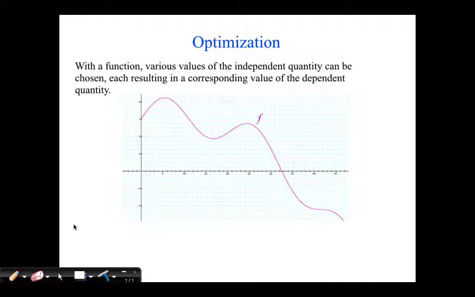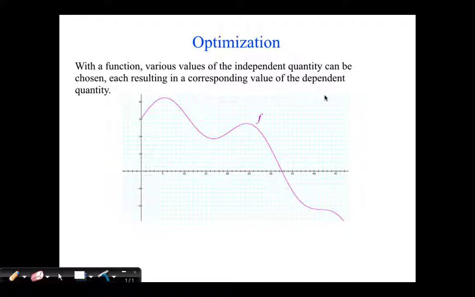But if you have a restricted domain, then often there is an overall highest value and a lowest value, as long as your function is continuous throughout that, meaning it takes on all values. There are no vertical asymptotes or whatever in the middle. You will have, on a restricted domain, some point that's the highest, or at least maybe some points that tie for highest, and some point or points that tie for lowest overall. So an absolute maximum and an absolute minimum.